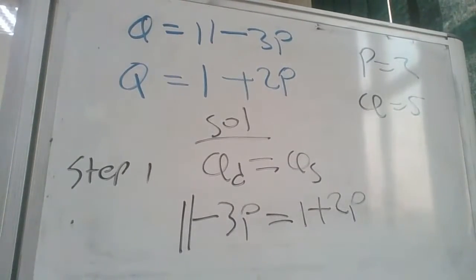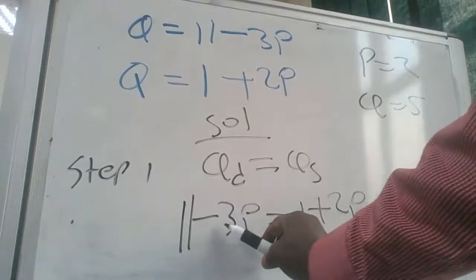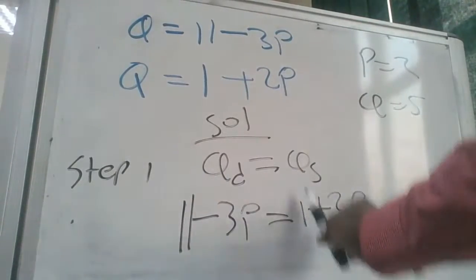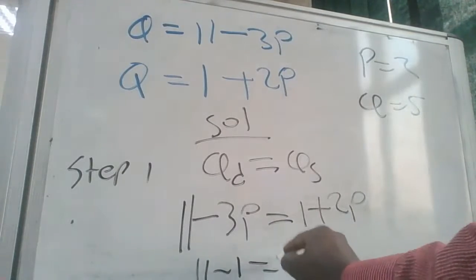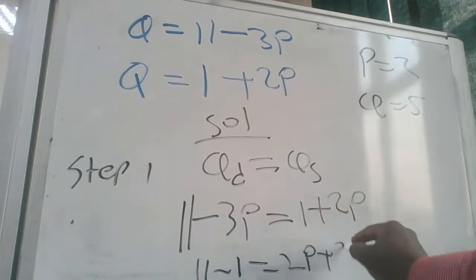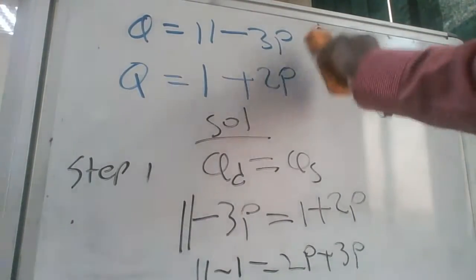Okay? And from here, if we make P subject of the formula, we can take 3P the other side and 1 to come the other side, meaning we'll have 11 minus 1 is equal to 2P plus 3P. And if we simplify, 11 minus 1 will be 10. On the other side, 2P plus 3P will be 5.